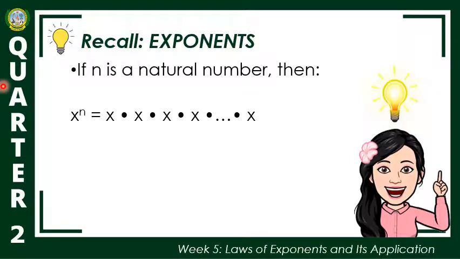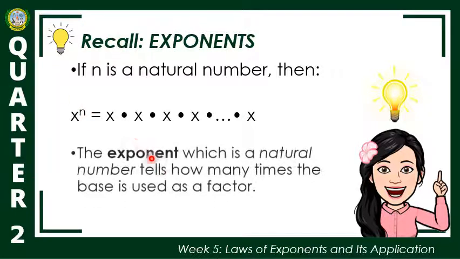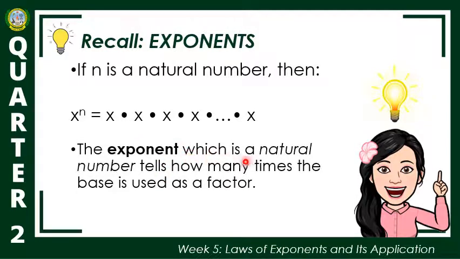So the number of times you will multiply x by itself depends on the value of n. Okay? So the exponent, which is a natural number, tells us how many times the base is used as a factor. So let's have some examples here.